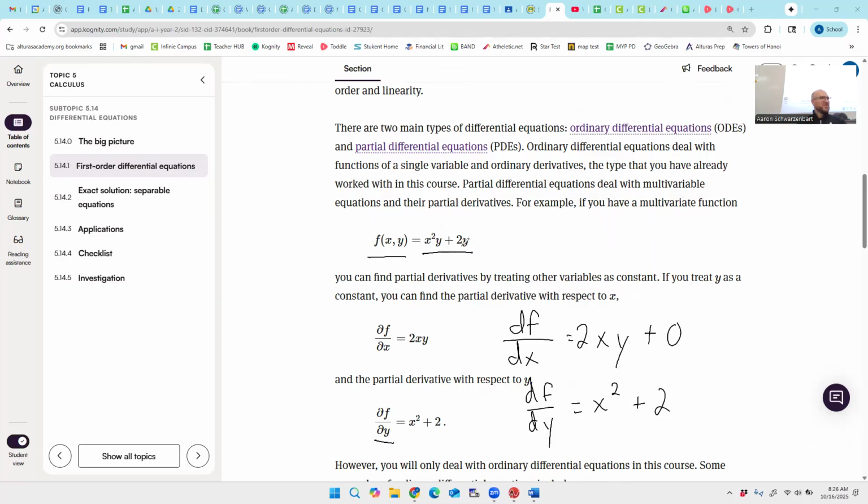Derivative of 2y is 2. Otherwise it'd be 0. The second derivative, d squared f dy squared would be 0. Does that kind of make sense?